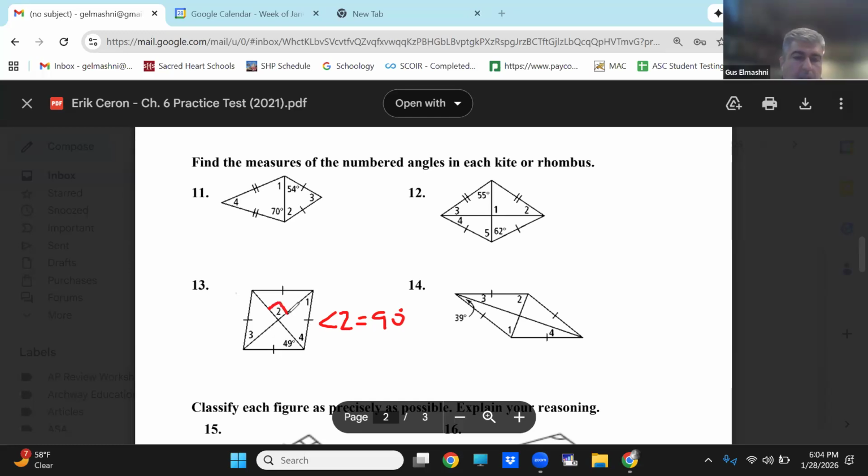Well, okay, now you know that. That's 49, so that's 41, because you alternate your angles.